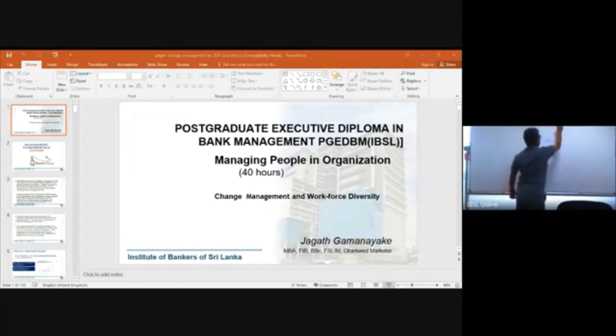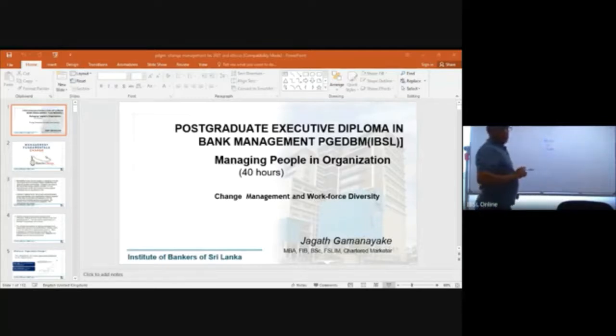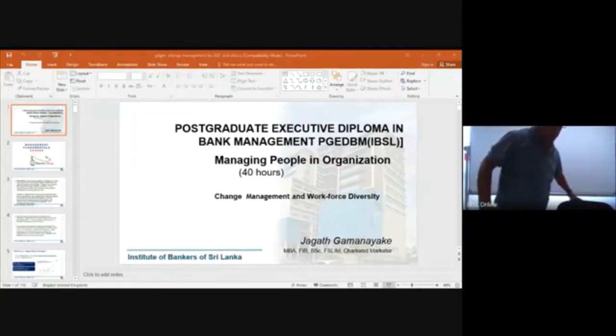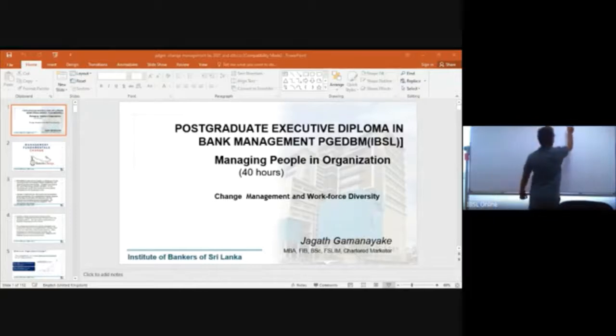Now, what are these job factors? Job factors are fear of technological unemployment. Another factor you can say is fear of changes to working conditions. So your working conditions may be changed, right?